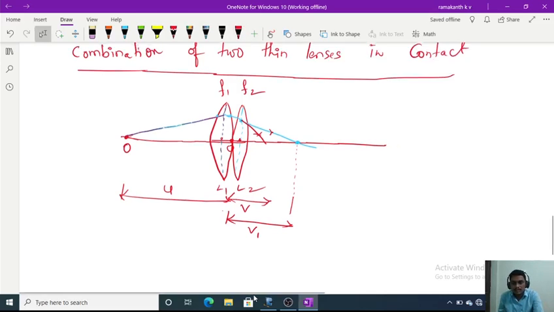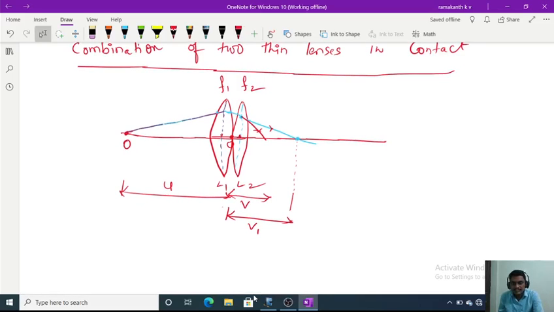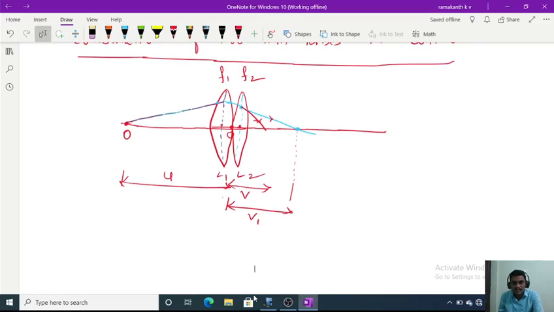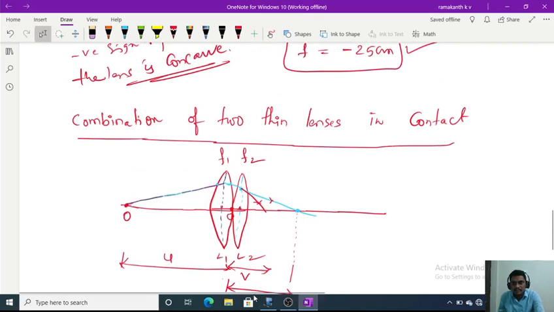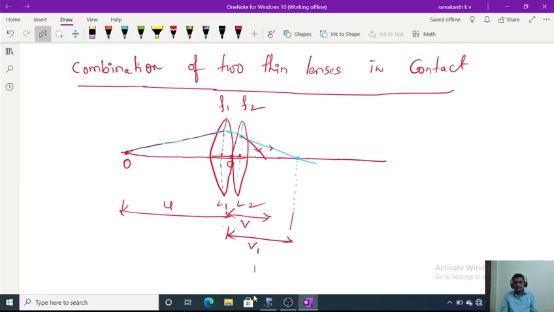Since I'm taking lenses, I'll use the lens formula to find the combined focal length of the given combination. What is our aim in this topic? I want to find out the combined focal length of this combination.